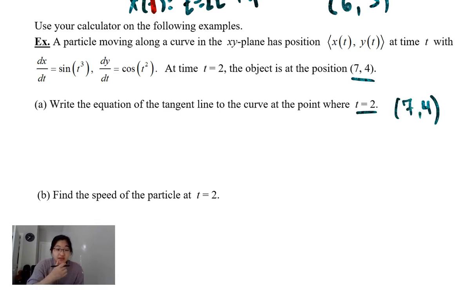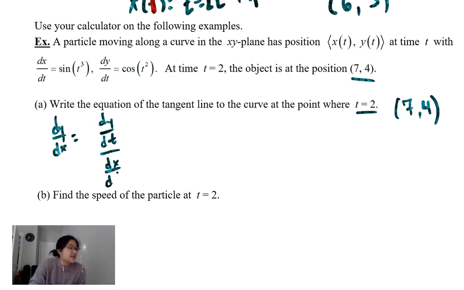And our slope is our dy/dx. And what's that? That's dy/dt over dx/dt. And so how are we going to find that at time t equals 2? That's going to be cosine of 4 over sine of 8.